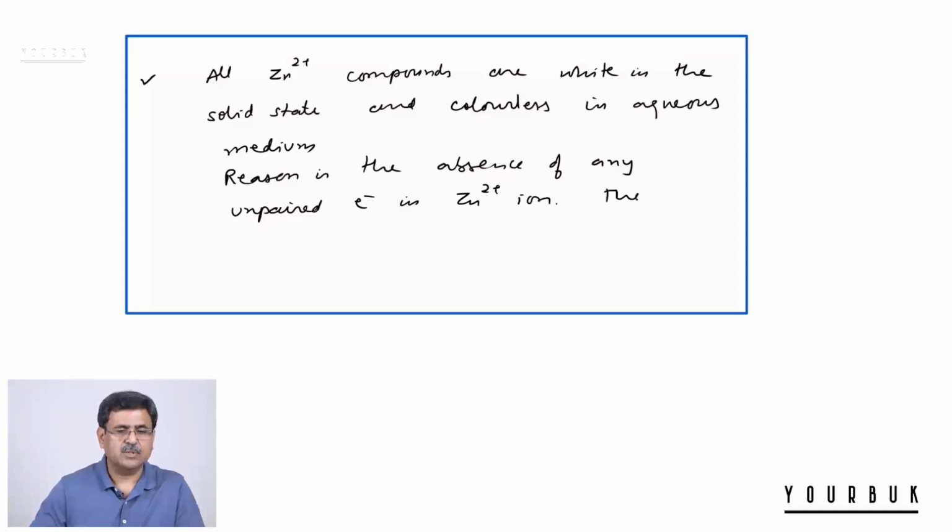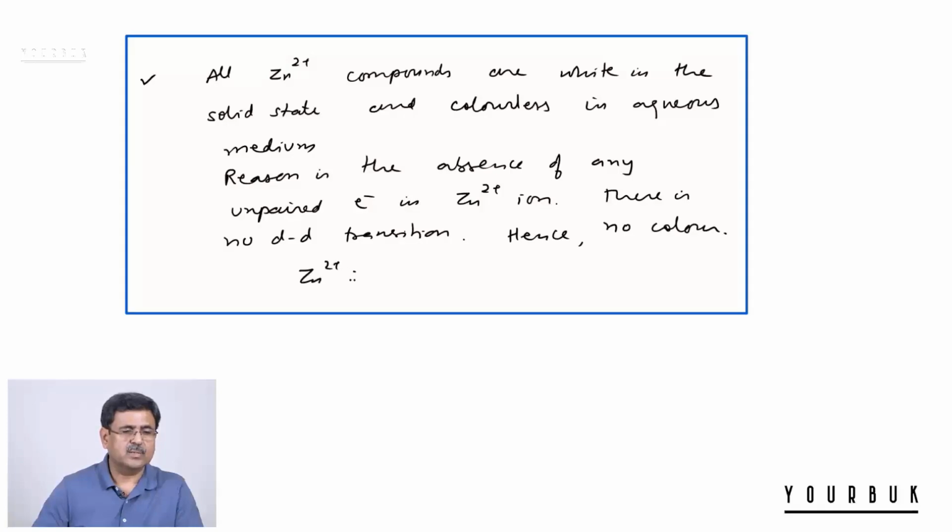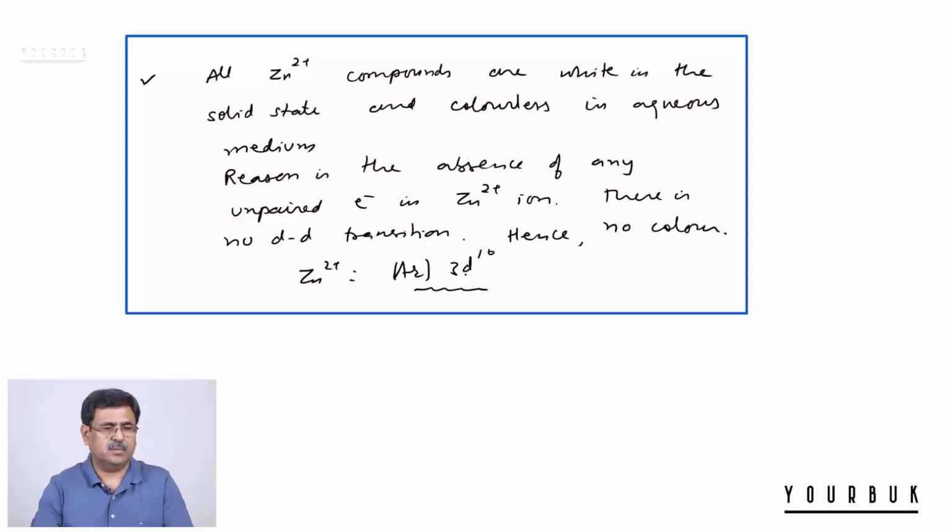So there is no d-d transition and hence no color. So we can write zinc 2 plus has a configuration of argon 3d10. So D subshell is fully filled, there is no unpaired electron and hence it does not show any color.